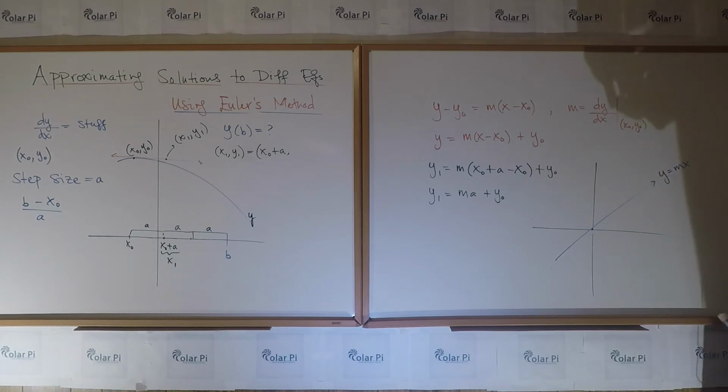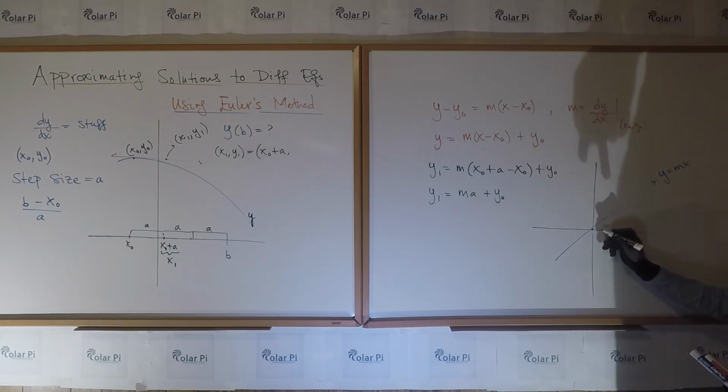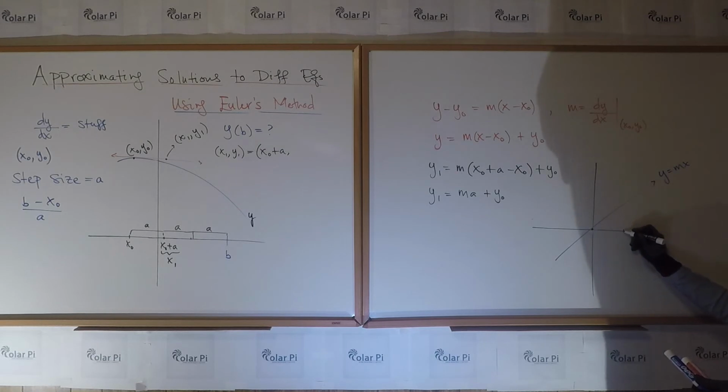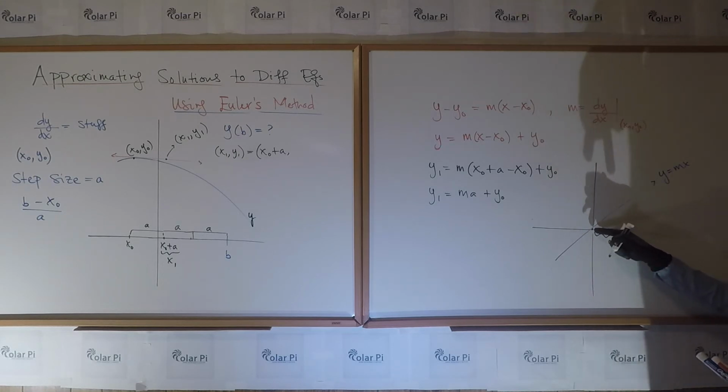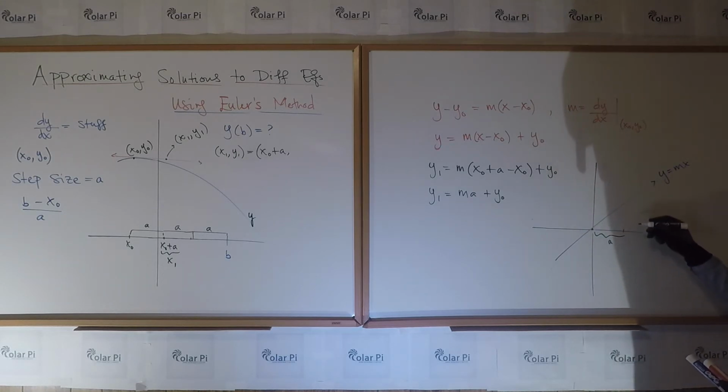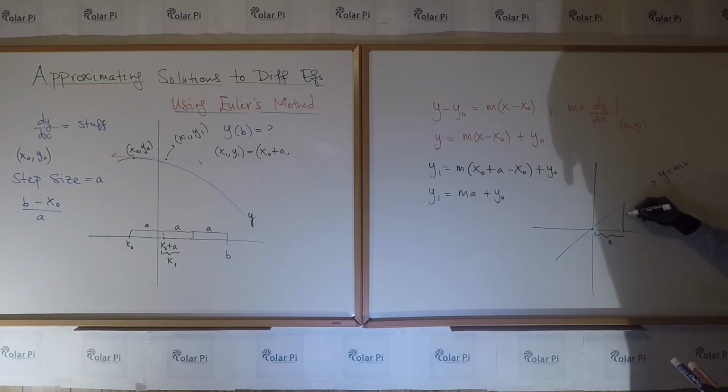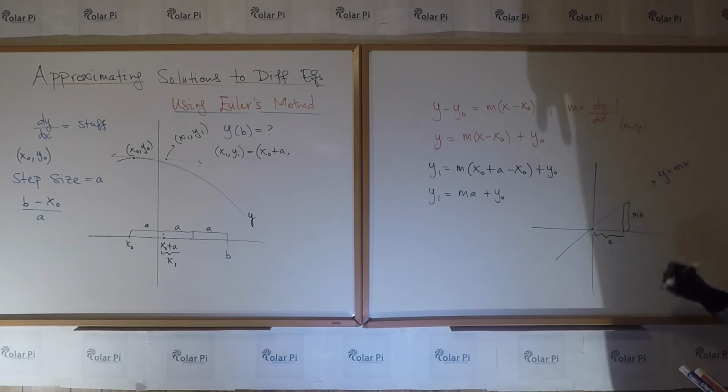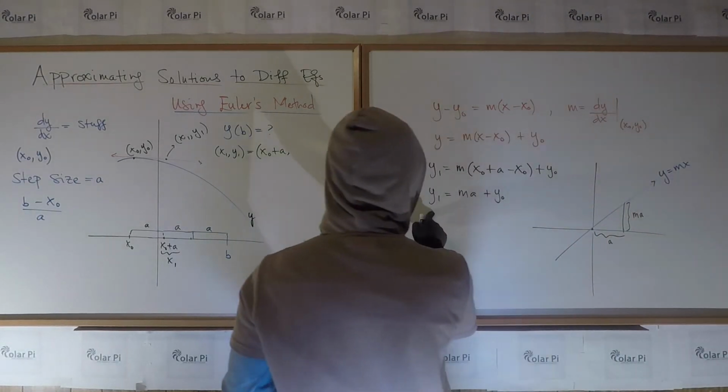Fine. Well, if I went a amount here, it's just easier if we go through the origin to understand. If this is a, that's the change in x from this to here. What would the change in y be? The change in y would be this distance here, and that's m times a. So that's exactly what y1 should be.